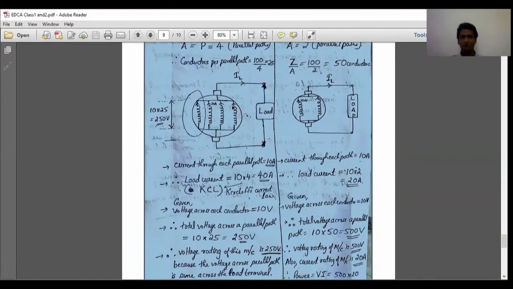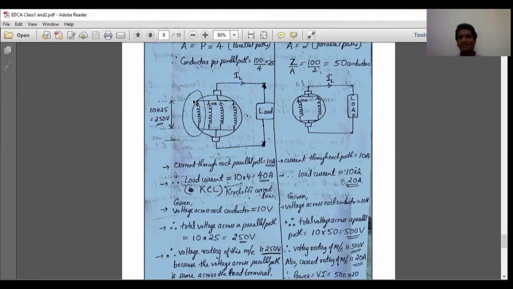As I said before, theoretically, voltage across a parallel path will be the same throughout if there is no component in between these 2 points. That means voltage at this point will be the same as voltage at this point. If there is any component, when current flows through that resistance or component, there will be a voltage drop, and the voltage at this point will be lesser compared to the other point.